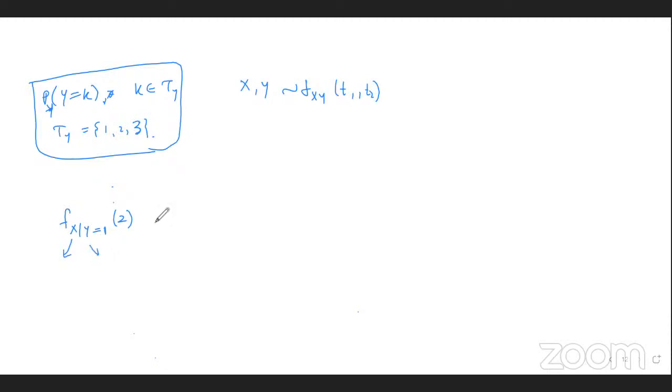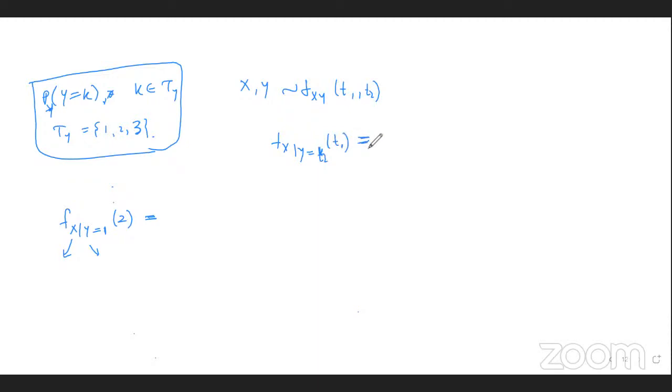Can you tell me what we should write? I'm not asking for the exact thing. If I write f of x given y equals k, let's say of t2 given t1, what is the formula? What will you write here?